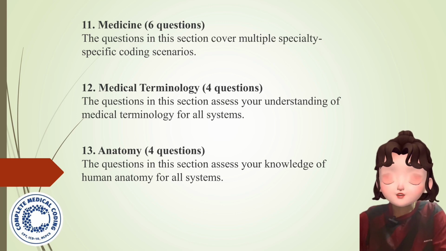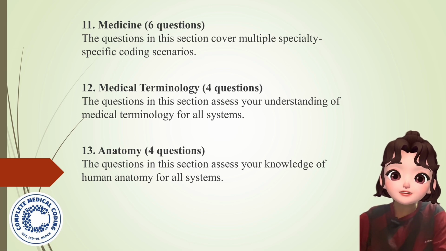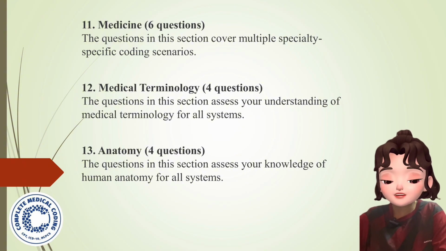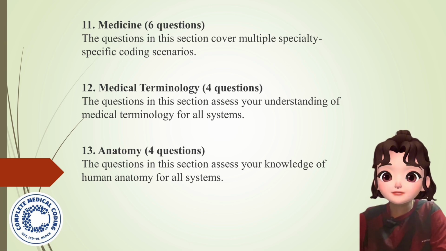From anatomy you will get 4 questions. For non-science students it will be a little difficult, but if you have the eagerness and courage to learn, you can definitely score marks from anatomy, because the questions from anatomy are a little twisted. The questions assess your knowledge of human anatomy for all systems.